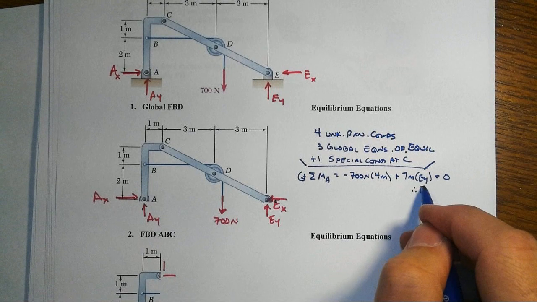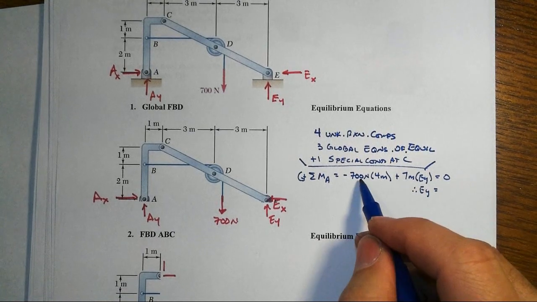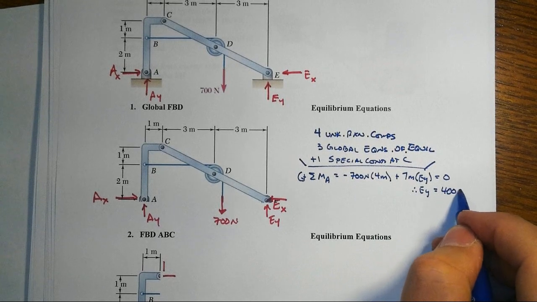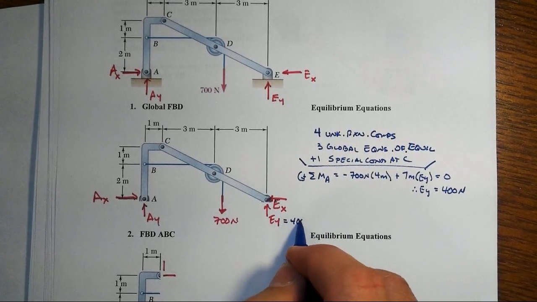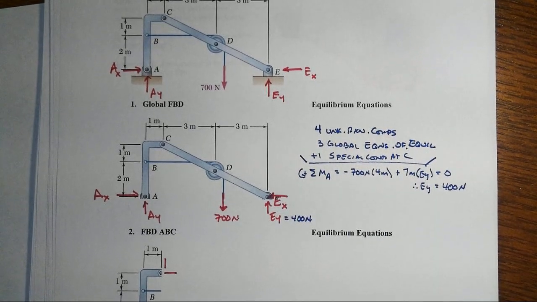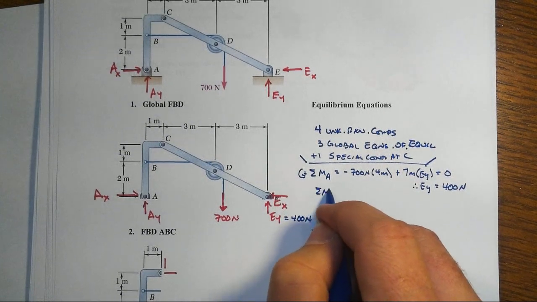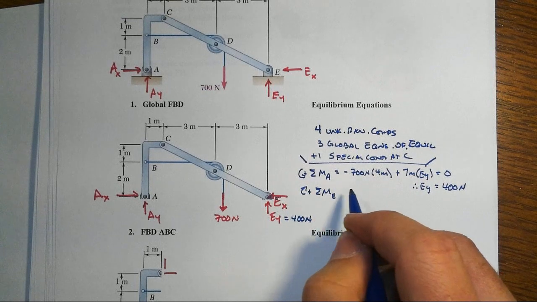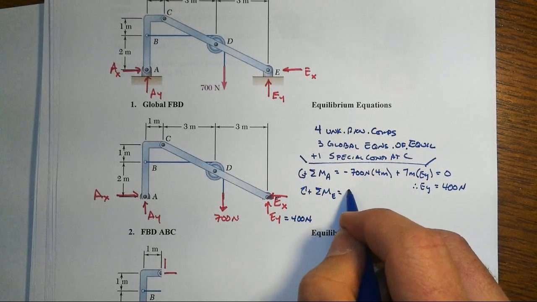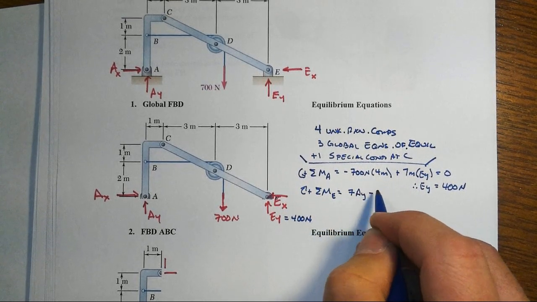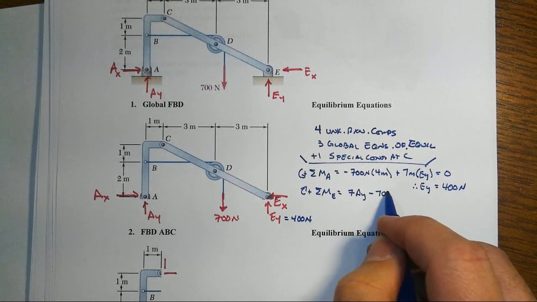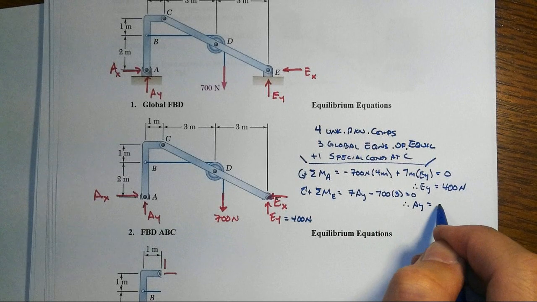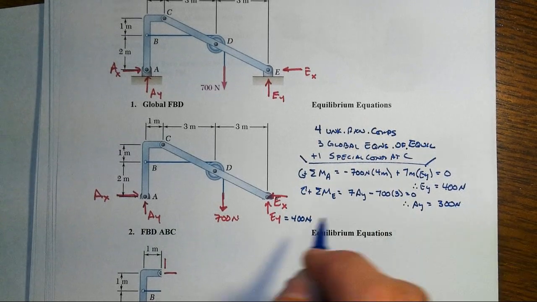Therefore EY is going to be 400 newtons. Likewise, we can sum moments about point E, and we'd find that 7 times AY minus 700 times 3 meters equals 0, therefore AY is equal to 300 newtons.